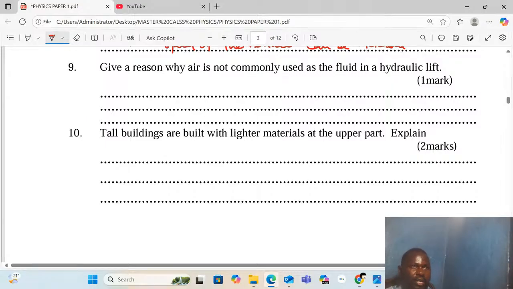We know that air is part of the fluids, which is in gaseous state. And because of the intermolecular distances, air is compressible, yet one of the key properties of hydraulic fluids is that it should be incompressible.